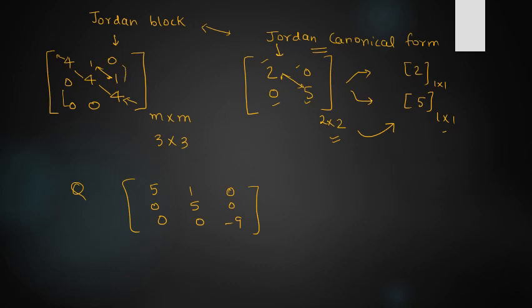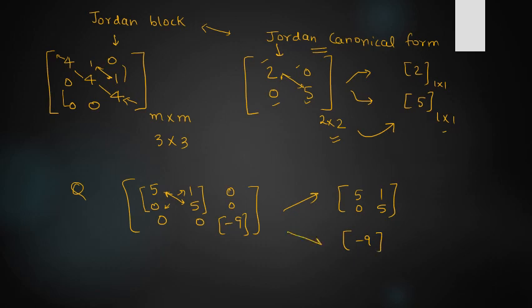So you can see these two diagonal elements are same, above that it is 1 and below that 0. So this can be one Jordan block. So 5 0 1 5, this can be one Jordan block which can be brought up from it. And apart from that, you can have this as a Jordan block.